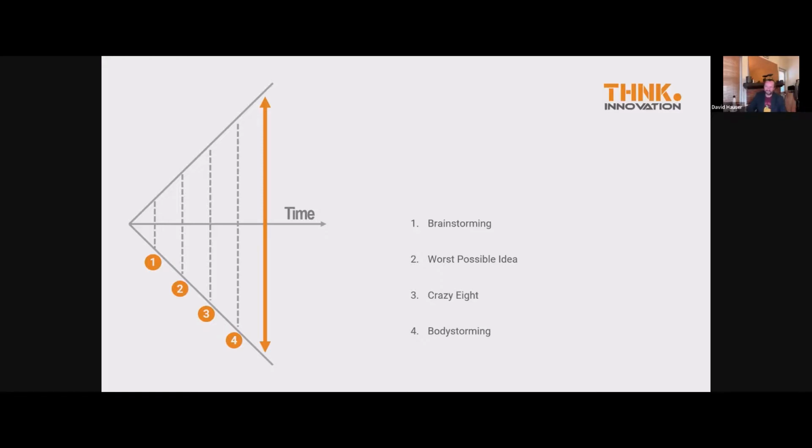And then there are some more active ideation methods like Crazy 8, where you do drawing in a team environment, and body storming: get out of your chairs, play your solution, incorporate it. Getting moving is always good to become more creative. The energy is flowing better.